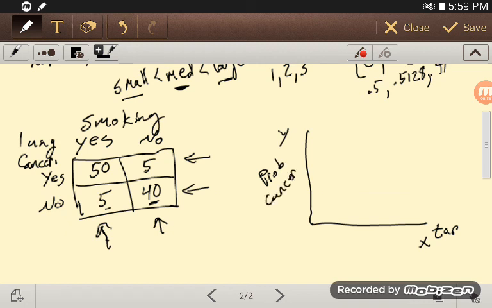So kind of dealing with the same sort of things. Or instead of tar, I could go with total number of cigarettes smoked or something like that.